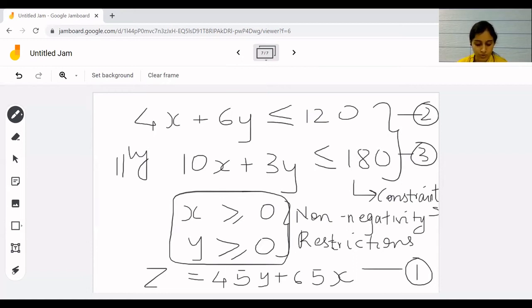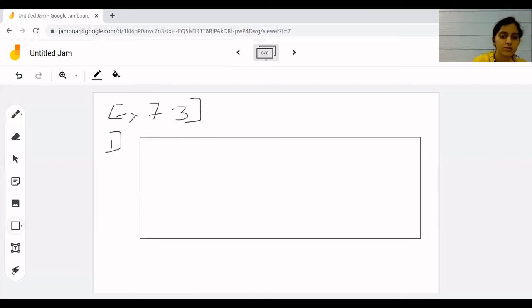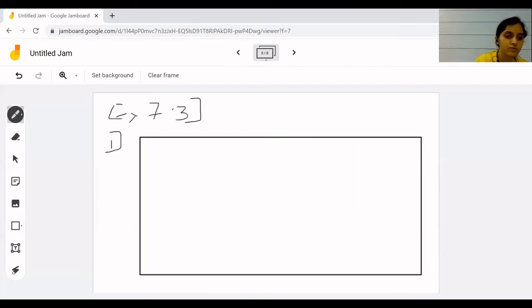I'm beginning with exercise 7.3, doing question 1. A manufacturing firm produces two types of gadgets A and B, which are first processed in the foundry and then sent to a machine shop for finishing. So we are going to make a table. Exercise 7.3, first one. Let's make the table.